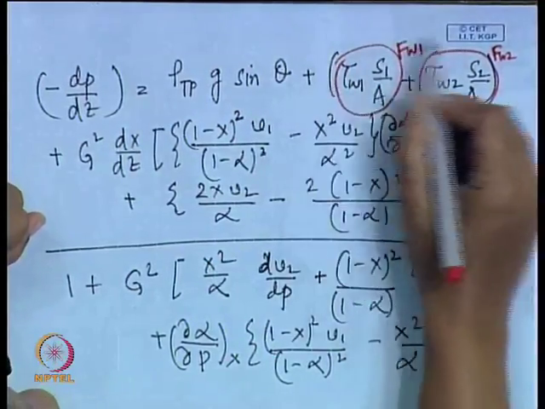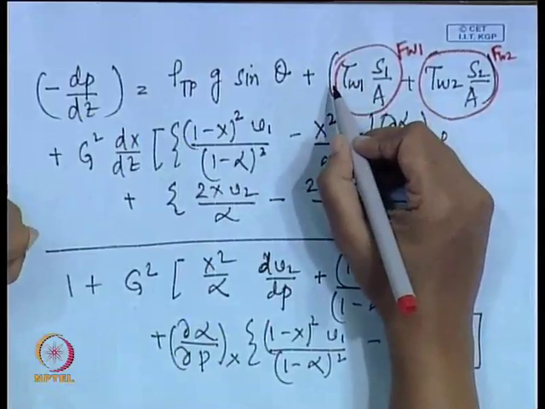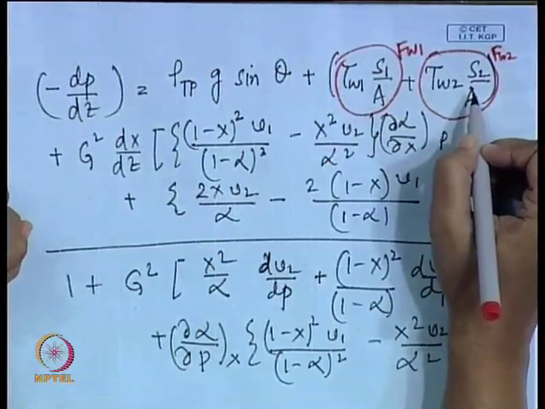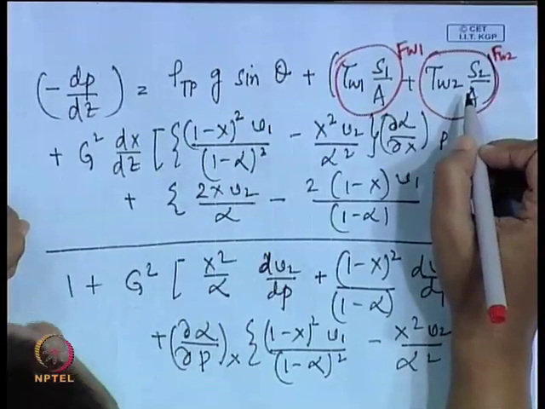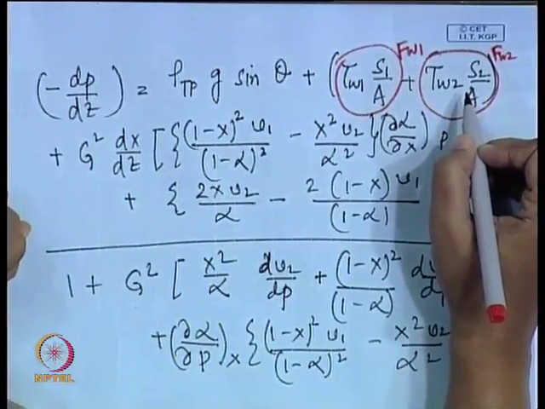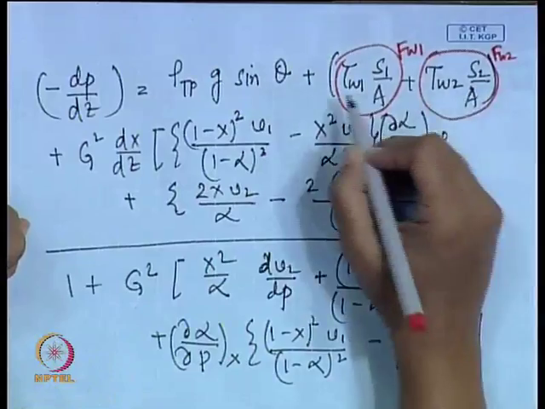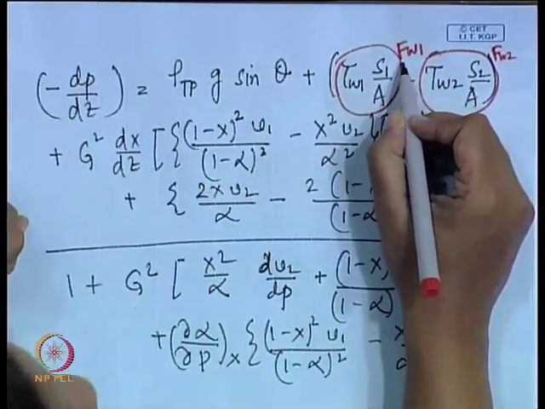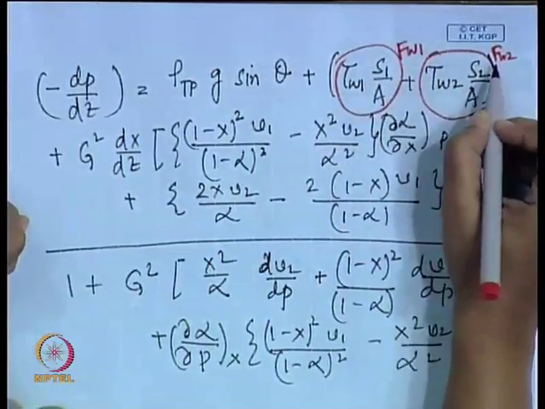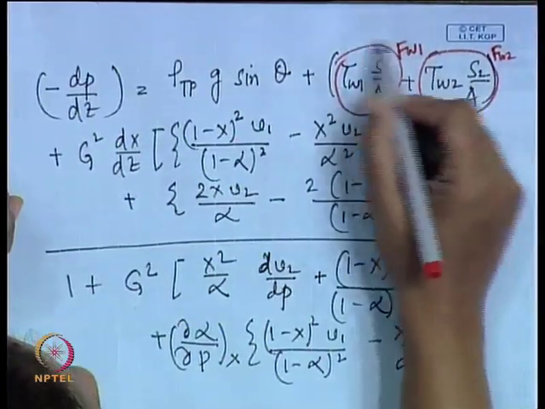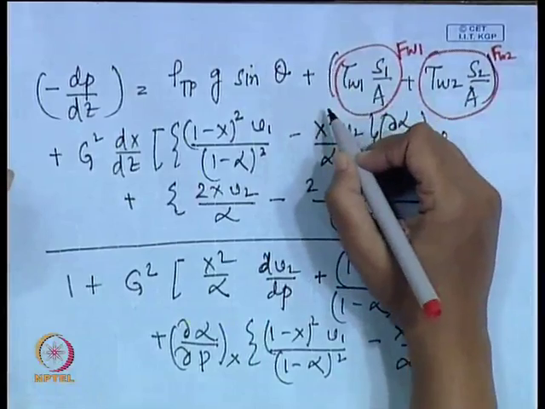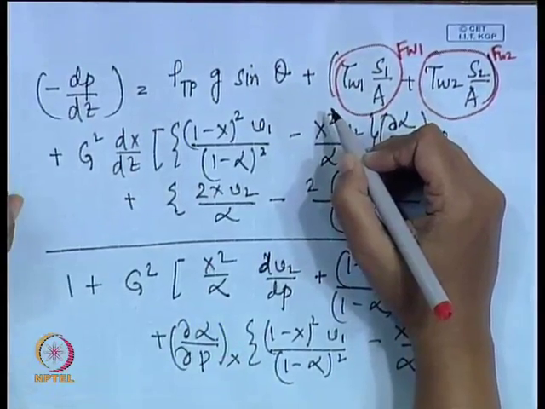To make matters simple, we can simply write the frictional pressure gradient as the summation of the frictional contributions from phase 1 and phase 2. When we consider the mixture equation, naturally the interfacial shears cancel out, and this becomes a summation of the frictional contribution from phase 1 plus the frictional contribution from phase 2. So, this Fw1 plus Fw2 has to be found out.